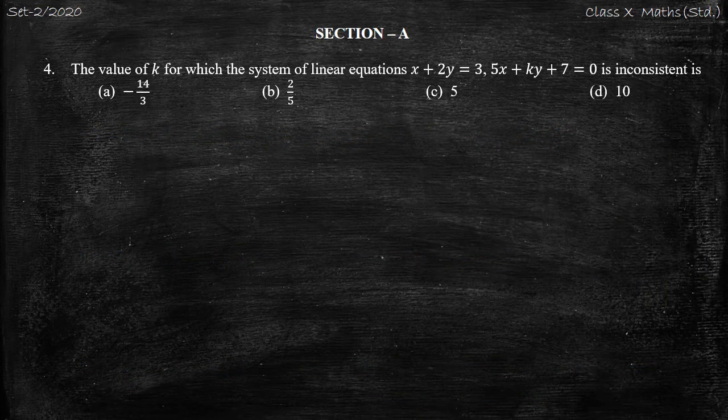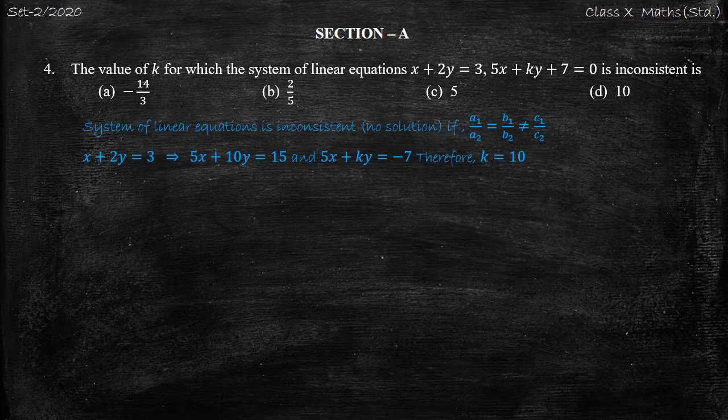Okay, next question. The value of k for which the system of linear equations x plus 2y equal to 3 and 5x plus ky plus 7 equal to 0 is inconsistent. When the system of linear equations is inconsistent, that means no solution, the ratio of the coefficients a1 by a2 equals b1 by b2 and is not equal to c1 by c2.